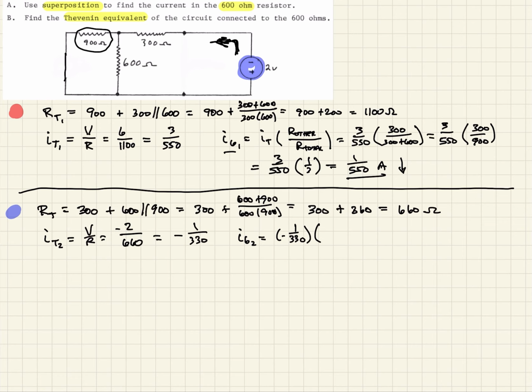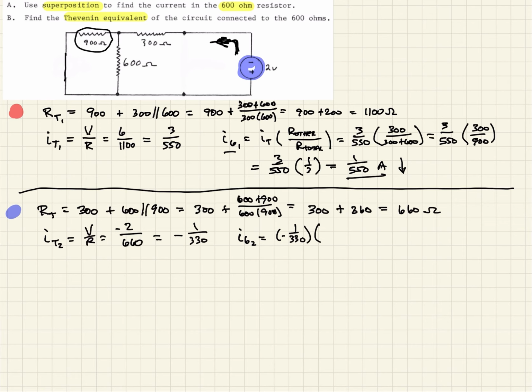So it'll be 900 over 900 plus 600. When we calculate all this out, we find a negative 1 over 550, which really means we could say it as 1 over 550 in the upward direction.